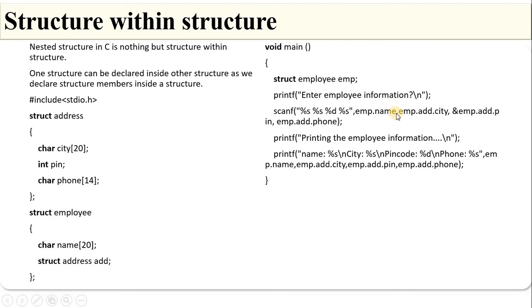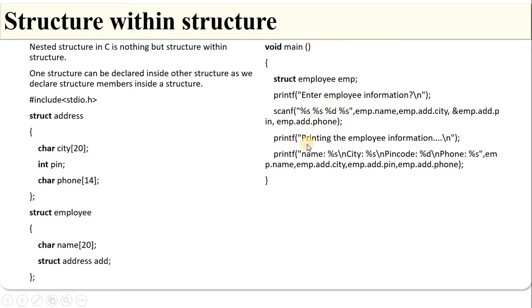So I'm getting the employee name and then the employee city, that is emp dot add dot city. Similarly, to get the pin, emp dot add dot pin, and to get the phone number, emp dot add dot phone. By using this, you are putting in the appropriate values whatever the user enters.